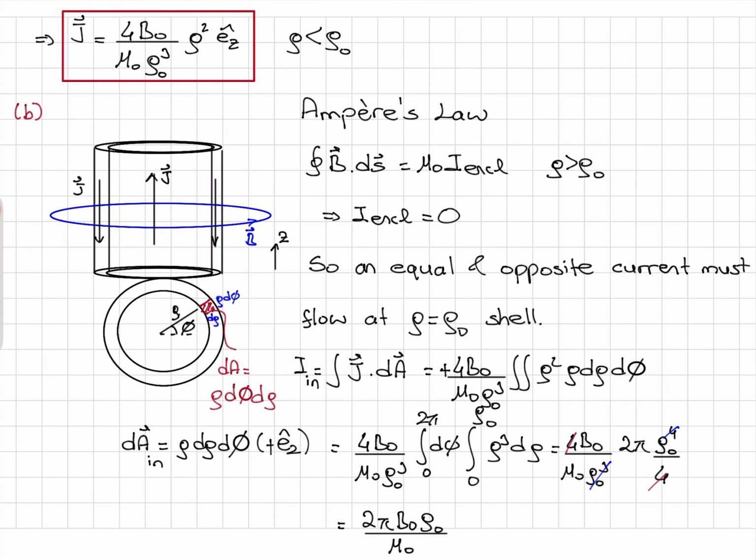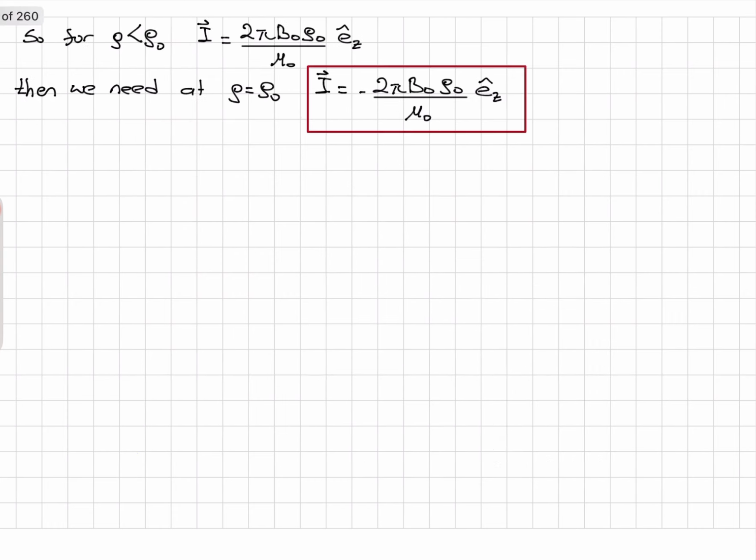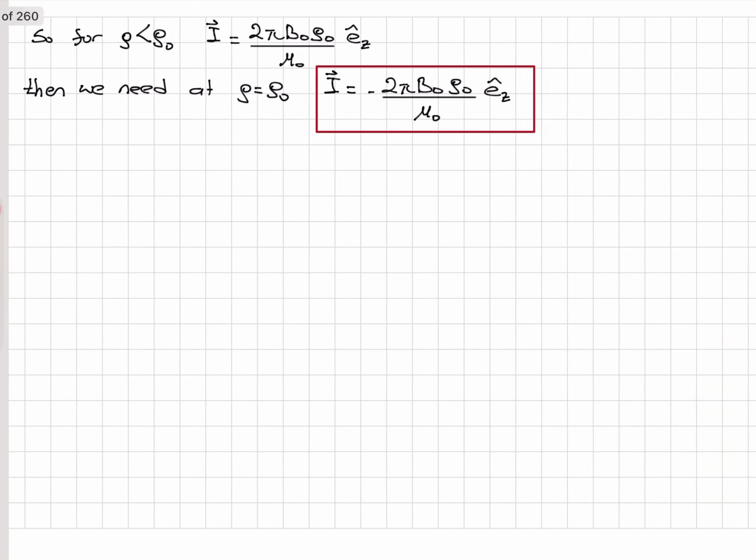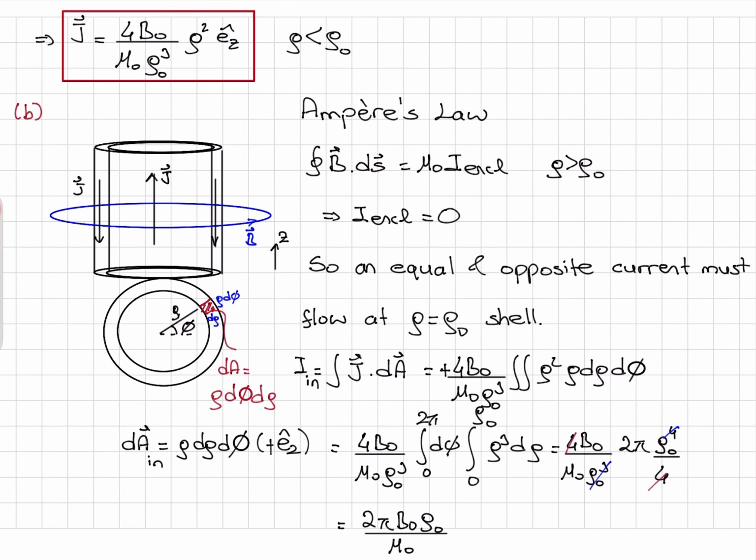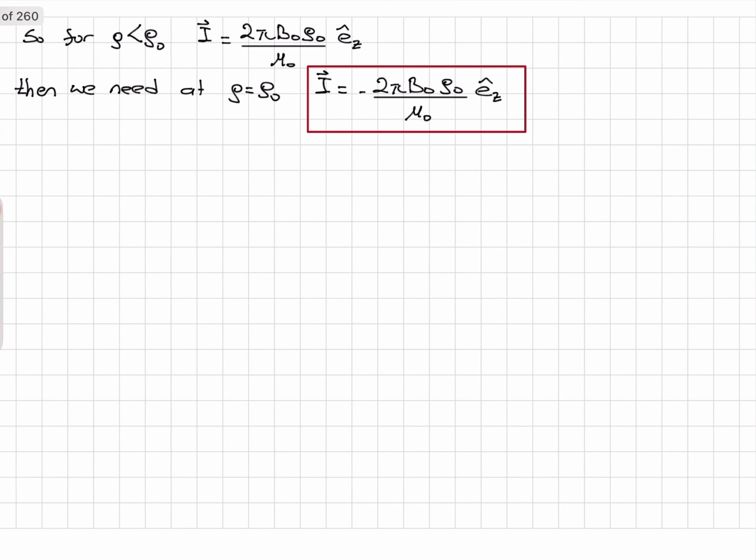And when I do this integration, dot product with EZ hat rho d phi, I obtain 2 pi B0 rho 0 over mu 0 as the total current that flows inside the cylinder. Now I need to have an equal and opposite current, minus 2 pi B0 rho 0 over mu 0, in the minus EZ hat direction, so that I get enclosed current to be zero.